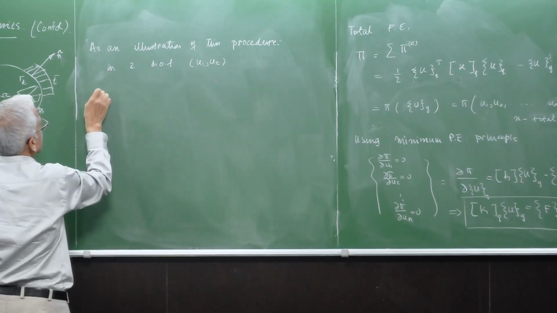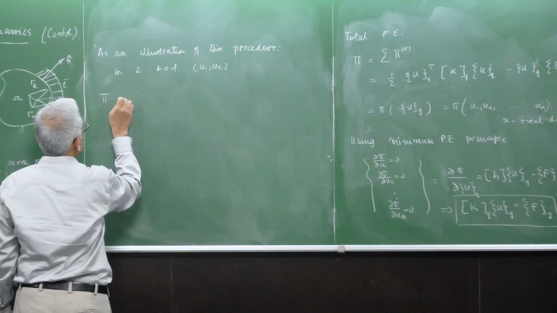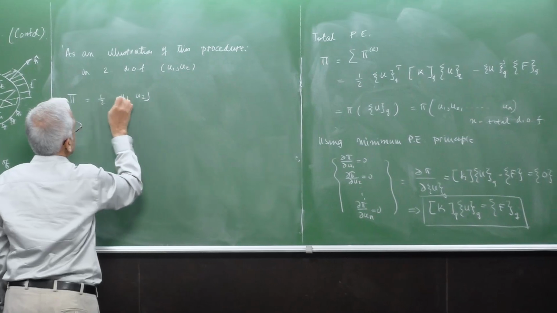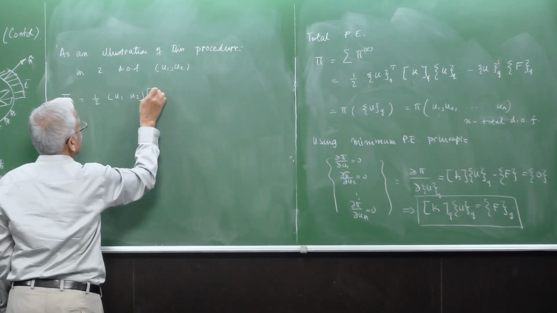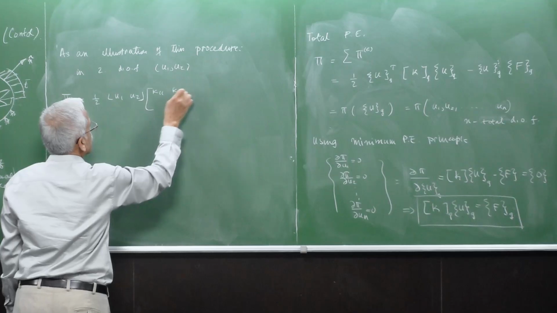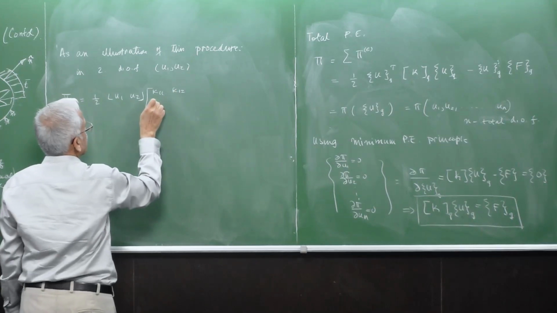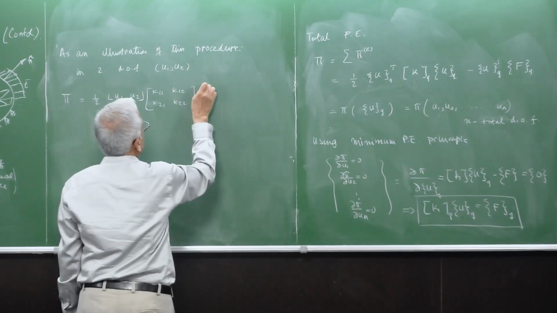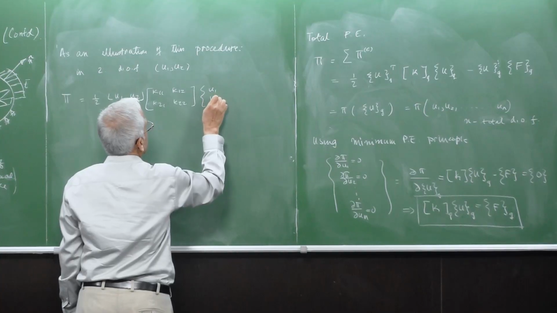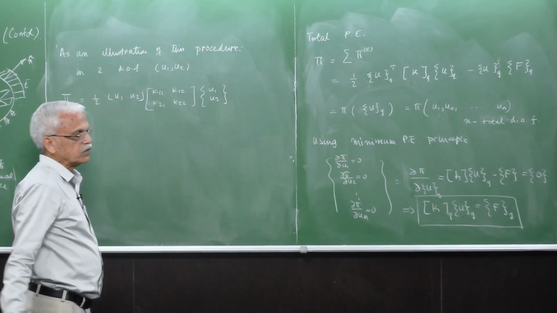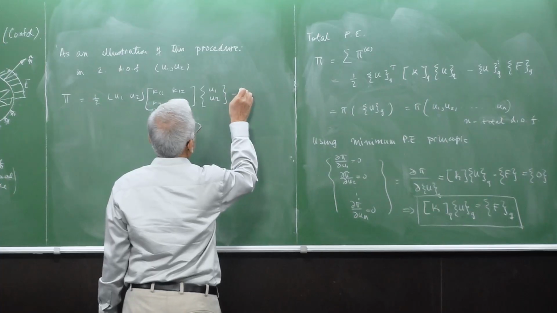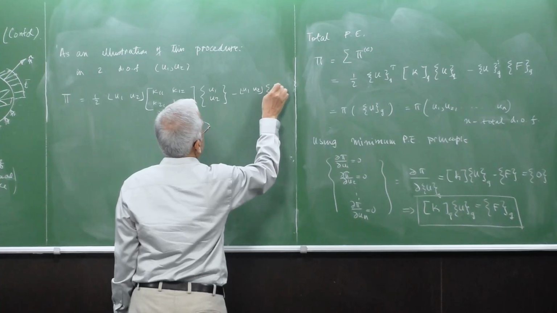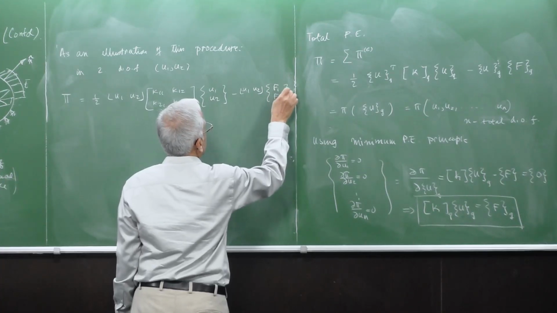The potential energy looks like this: half U1, U2, times the matrix K11, K12, K21, K22, times U1, U2, minus the force term.